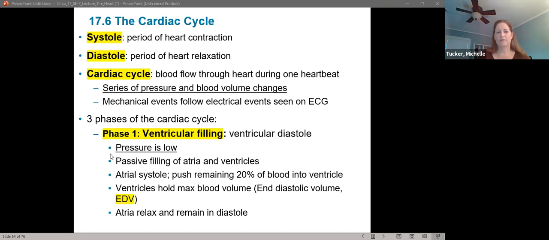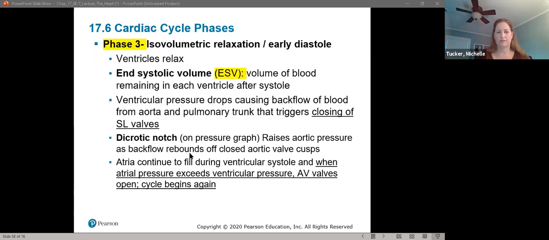The first part of this phase is passive filling. The AV valves are going to open as soon as the pressure gets high enough in the atria that the blood is going to push those AV valves open.